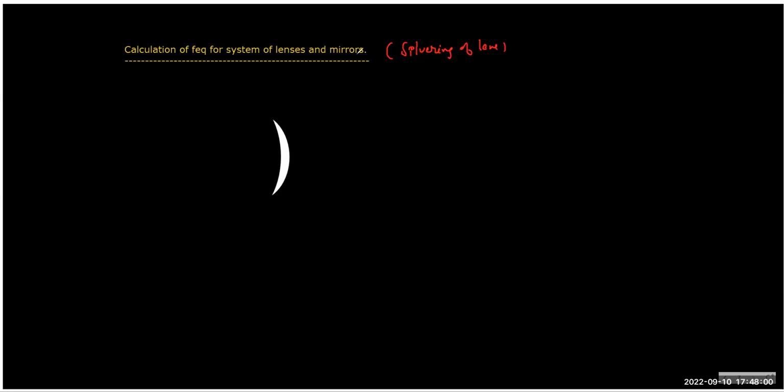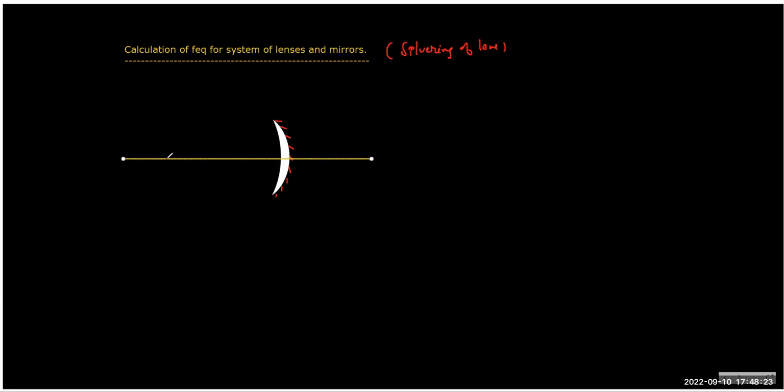Okay. So now let's say we have a lens which is now silvered from one of the surfaces. Now silvering means the back surface will act as a mirror, correct? And now in front of such a system, you put some object and you expect the image.